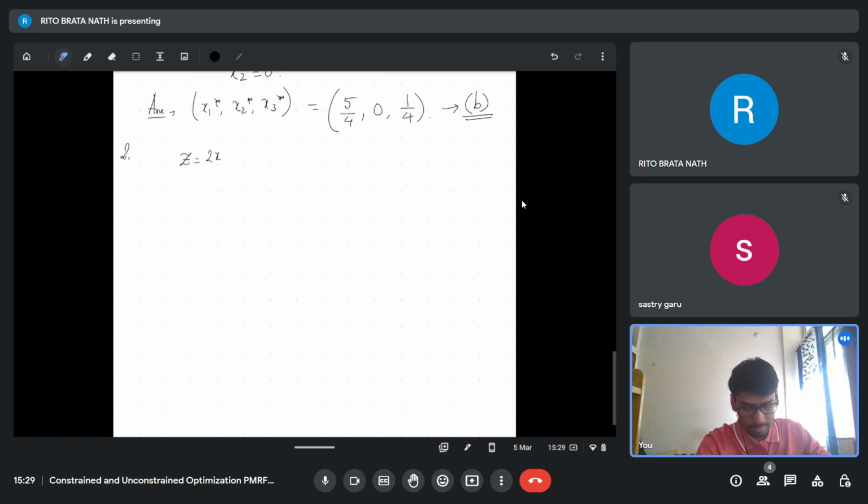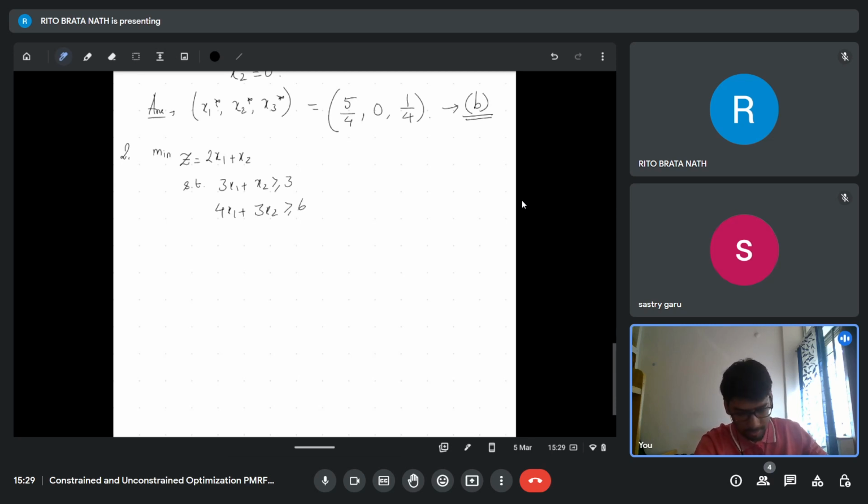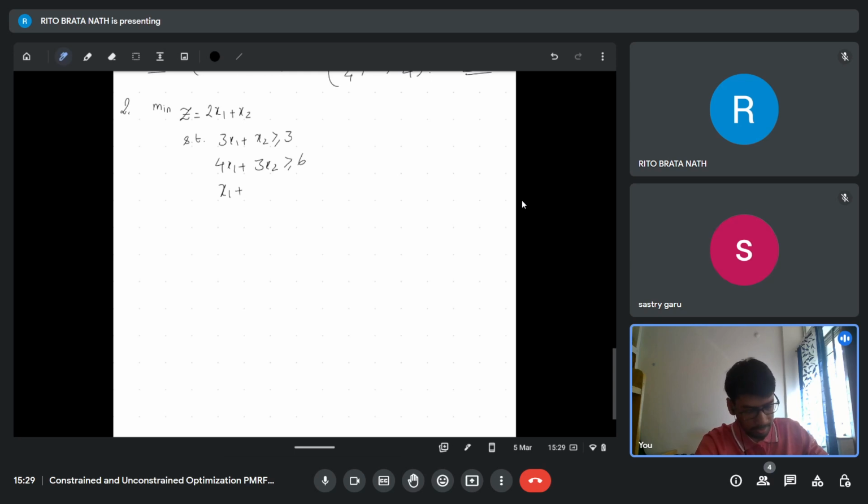So this problem is giving you min of z subject to the constraints 3x1 plus x2 greater than or equal to 3, 4x1 plus 3x2 greater than or equal to 6, and x1 plus 2x2 greater than or equal to 3, x1, x2 greater than or equal to 0. So solve this using the dual simplex method as before.